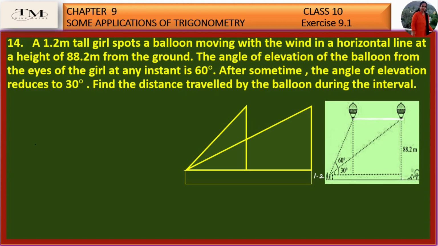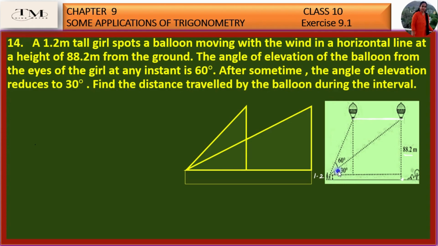From the ground level, from this point, the height is 88.2 meter. The angle of elevation of the balloon from the eyes of the girl at any instant is 60 degree. So its angle of elevation is 60 degree.